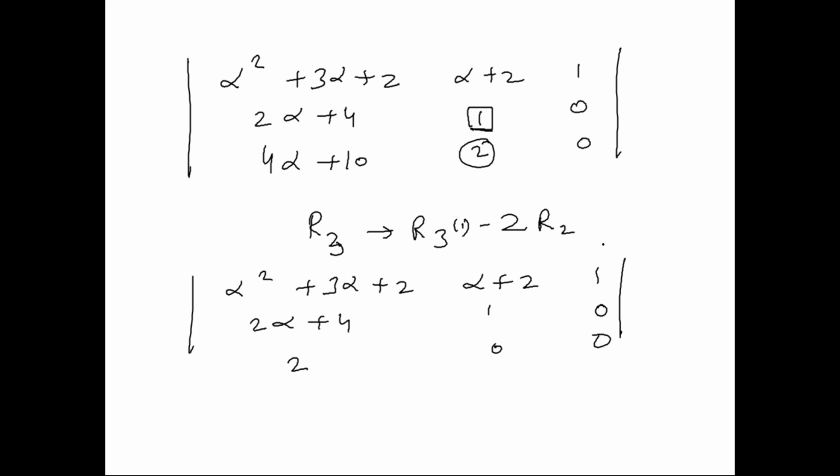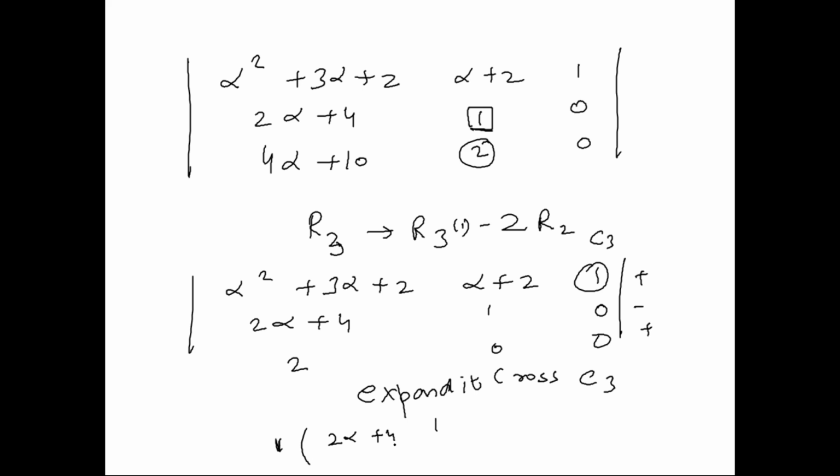Okay. Now I can expand it across. The new point to be learned is that you can expand it across any row or column. Expand it across column 3. So what will it become? Plus minus plus. Let us take this one. Now leave this row and leave this column. It will be 2 alpha plus 4, 1, 2, 0. Okay, this becomes minus 0.